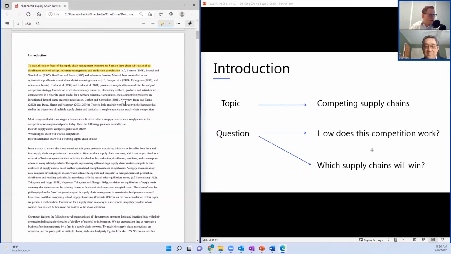But there's been very little done, and I'll highlight this piece, on looking at supply chain versus supply chain competition. That is, how many different supply chains interact.